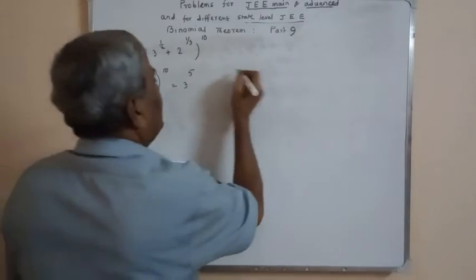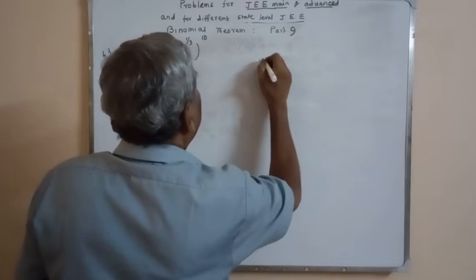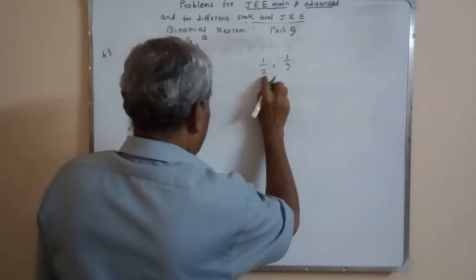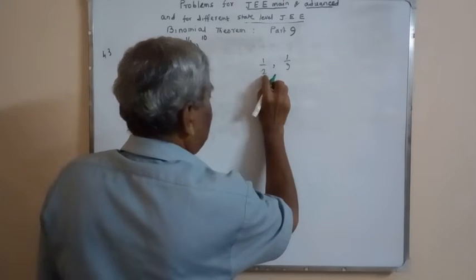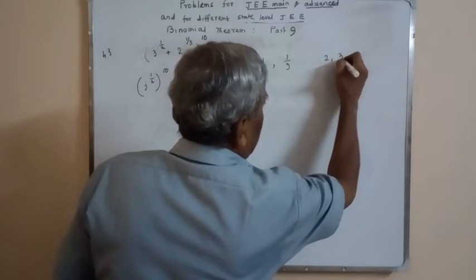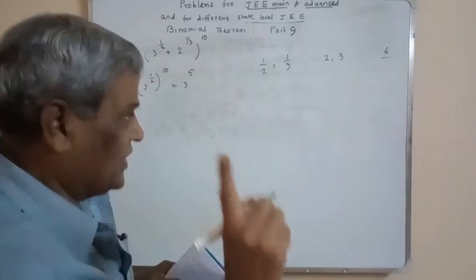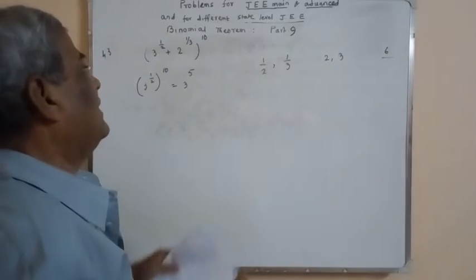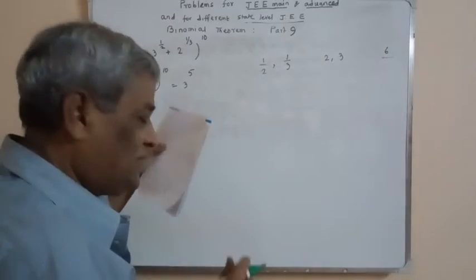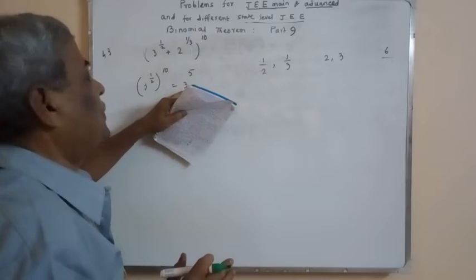The powers are 1 by 2 and 1 by 3. The LCM of the denominators 2 and 3 is 6. Clearly, after 6 terms, it will contain integers. The first integral term is the first term, which is 3 to the power 5.